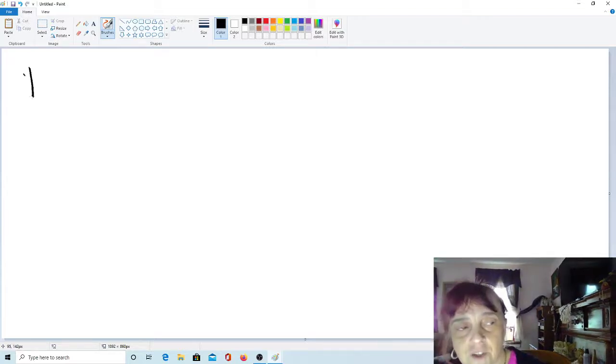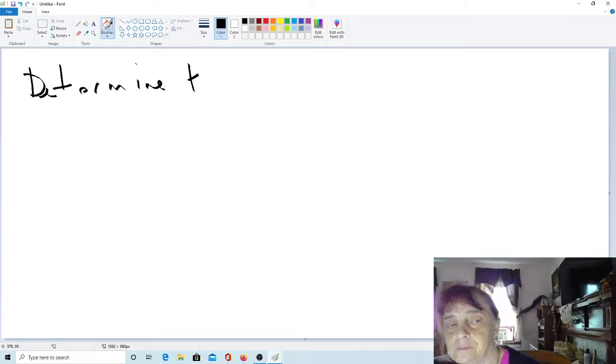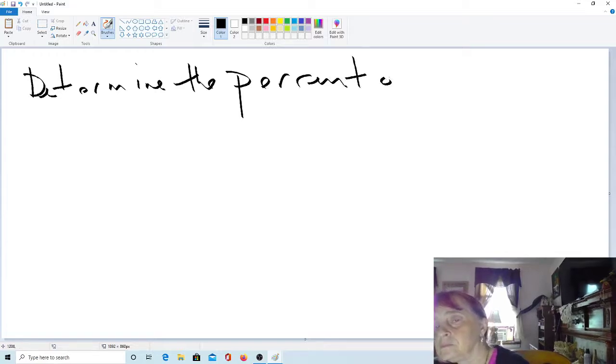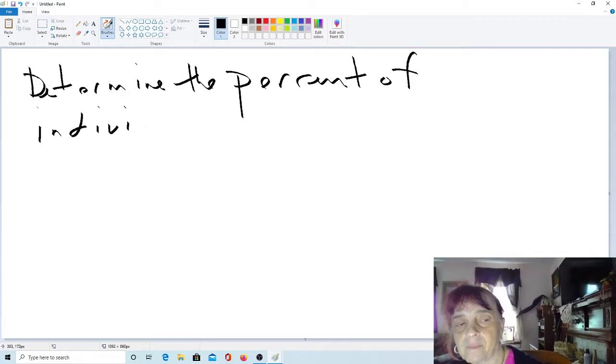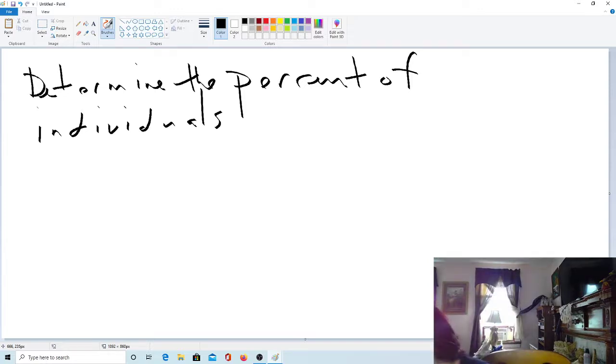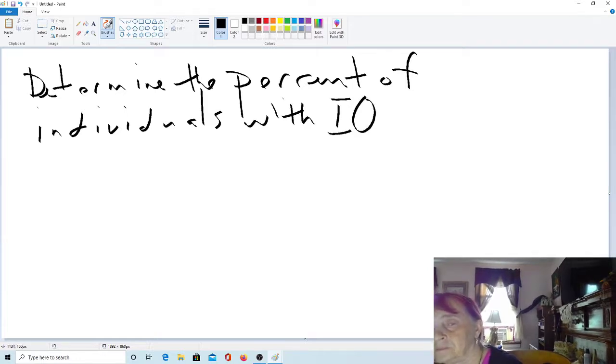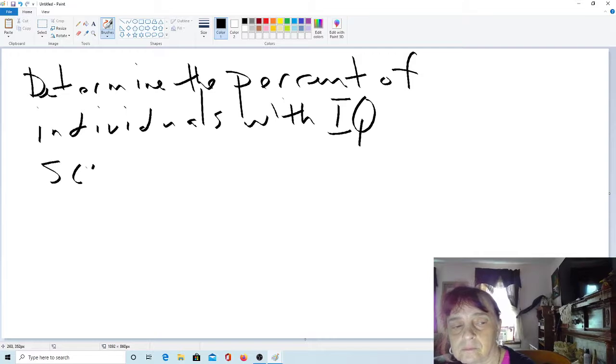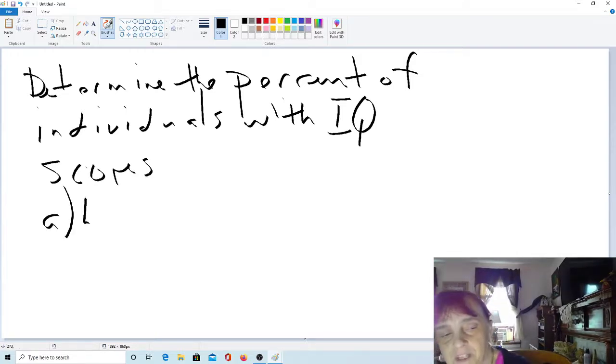Determine the percent of individuals with IQ scores below 115.